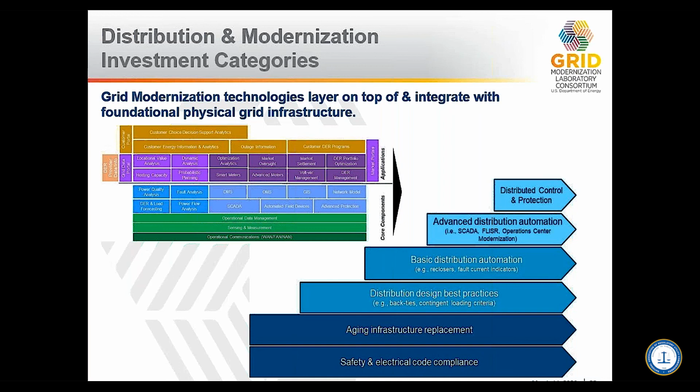And then when we get to the top of this sort of pyramid, that's where all of the more advanced technology overlays. But it really depends upon all these other foundational elements as we think about this holistically. So as you can imagine, you wouldn't put a lot of fancy stuff on an old system that also needs to be replaced, because you may end up having to replace those things again as part of the process. So you really do want to think about this holistically. Next slide, please.